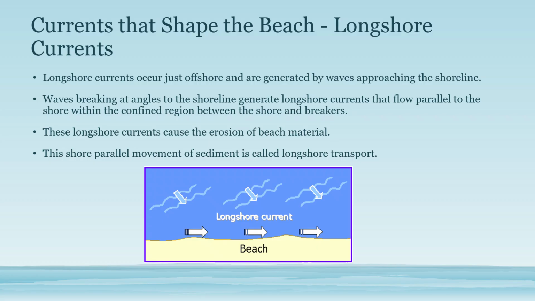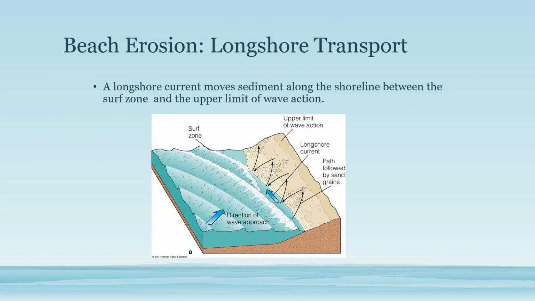Swimmers can get pushed by longshore current as well. So the beaches are eroded directionally by longshore currents. We call that directional erosion longshore transport. So our longshore currents push the beach in a direction, and that's called transport.